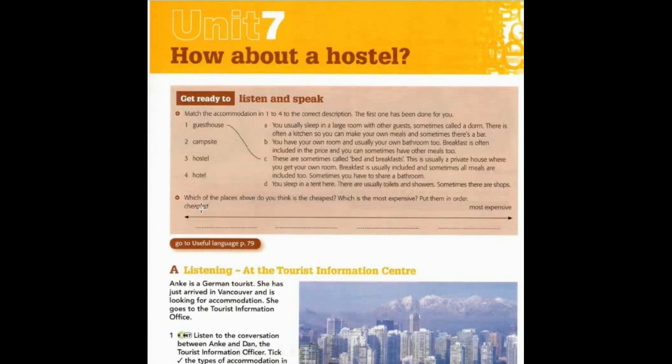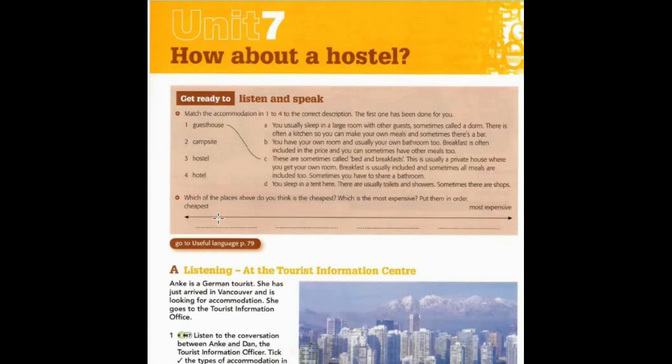We need to know the prices of these accommodations. Okay, so notice here we have: which of the places above do you think is the cheapest and which is the most expensive? Let me tell you simply, the campsite is the cheapest one.